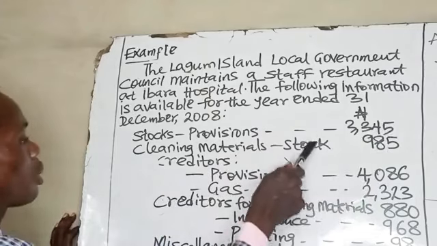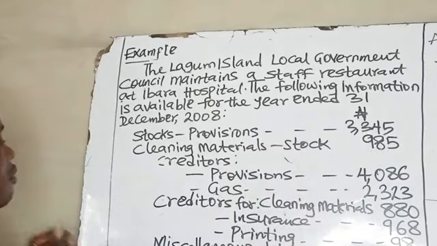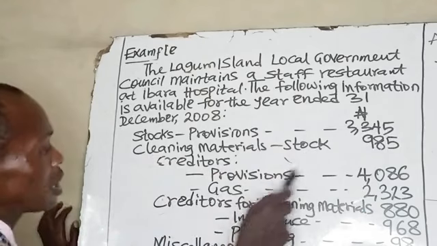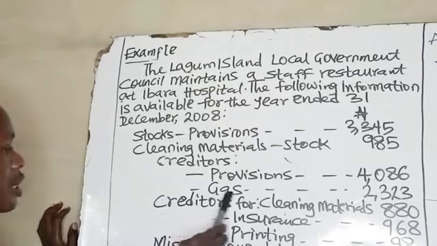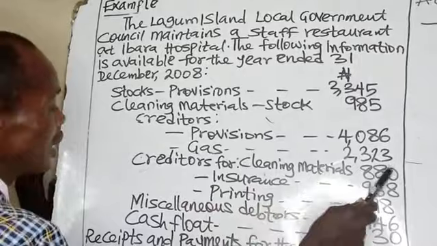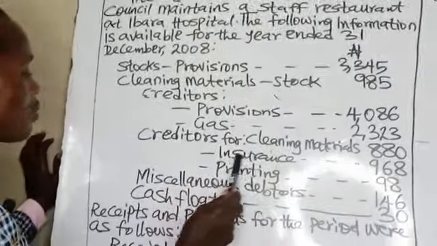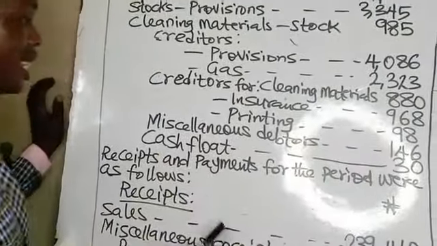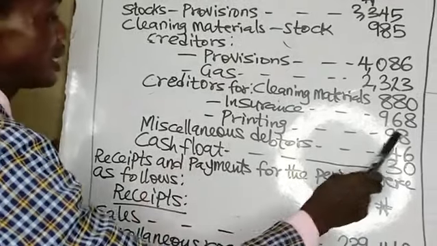Cleaning material stocks, 985. Creditors, which comprise provisions, 4,086. Creditors for gas, 2,323. Creditors for cleaning materials, 880. Creditors for insurance, 968. Creditors for printing, 98.